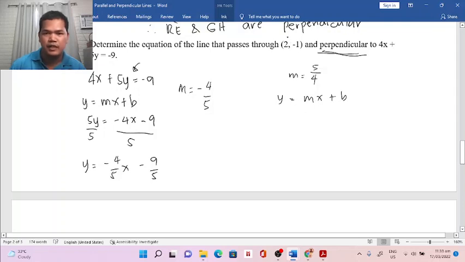and substitute this point (2, -1) for the values of x and y, and our slope, to solve for the value of b.